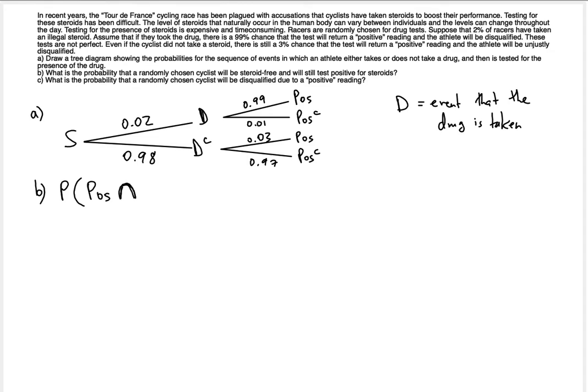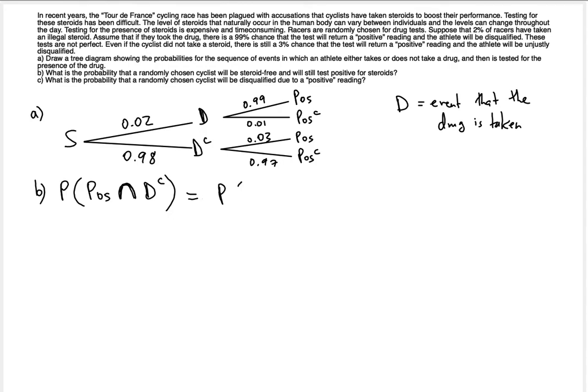That's why we're using intersection here, together with the fact that you did not take the illegal drug, right? Because steroid-free means D complement, essentially. Now, as you know, this requires the Bayes formula to split this up into a product of a conditional probability with an individual probability.